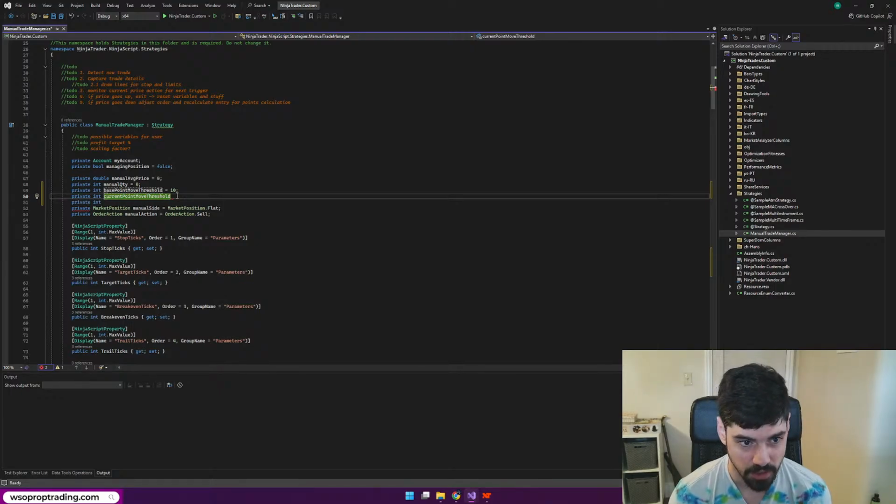So each contract is a percentage of a point threshold, right? If the maximum point threshold was like 30 points, and we had five contracts.